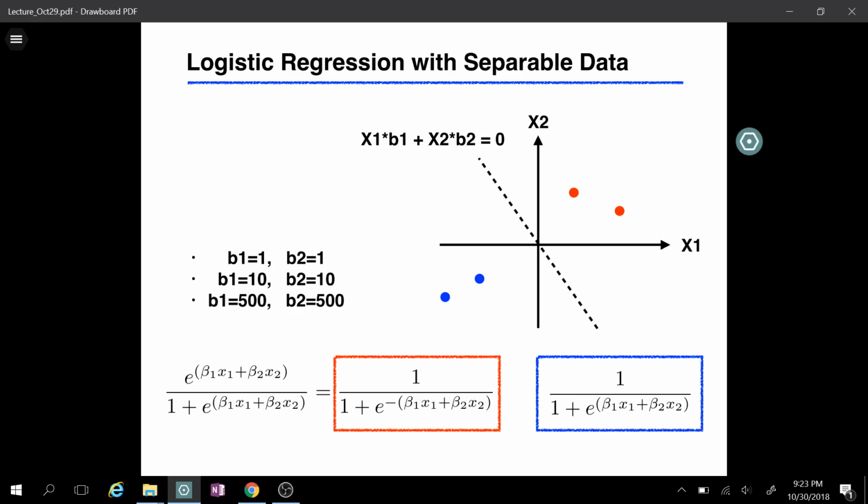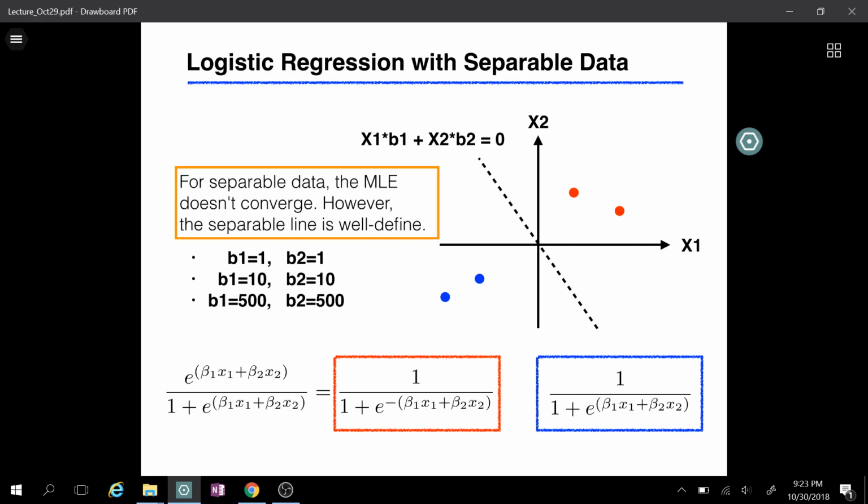However, this is why R will give you a warning message instead of an error: you can still use the model to do prediction, because the separating line is actually well defined. No matter whether beta 1, beta 2 equal 1, 10, or 500, they all refer to the same line, which is x1 plus x2 equal to 0. So the decision boundary is well defined.